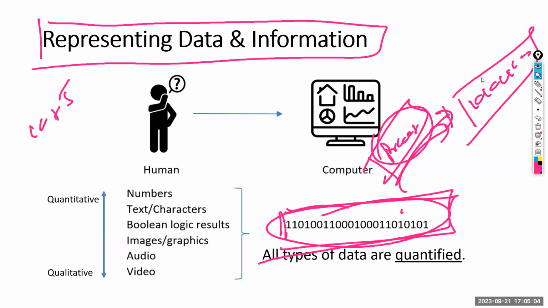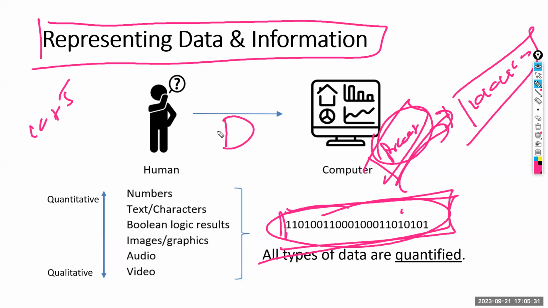Conceptually we call them logic gates. That is why your fourth topic is digital logic: logic gates, AND gate, OR gate, NOT gate, XOR gate, and so on. A logic gate is a concept.